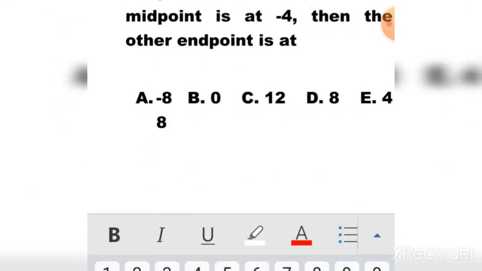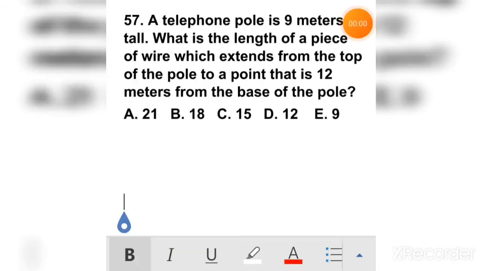And that 8, you have to add to the midpoint, which is negative 4, to get the other endpoint. So 8 plus negative 4 is positive 4. So positive 4 on the number line. Therefore, the correct answer is letter E.